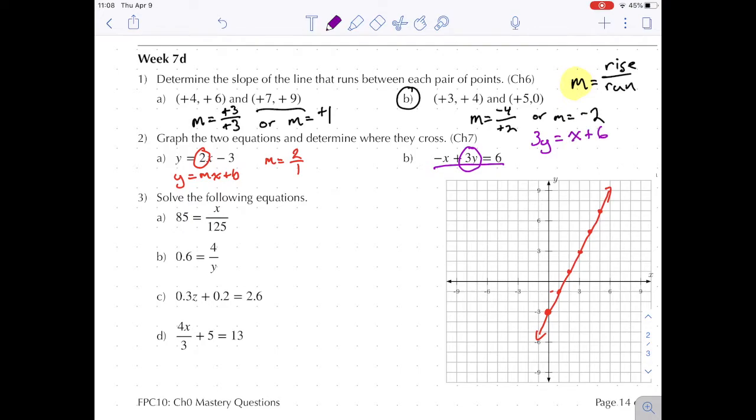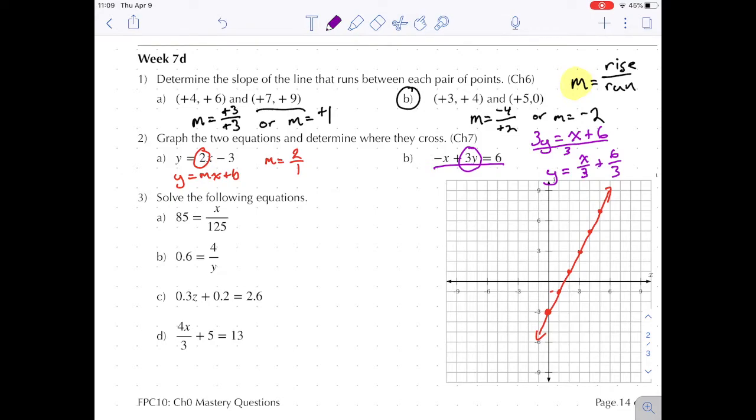When the x came over, it turned into a positive x. Next, I need to divide everything by 3. So I'm going to get y is equal to x over 3 plus 6 over 3. So I just divided every term by 3, and that isolated y.